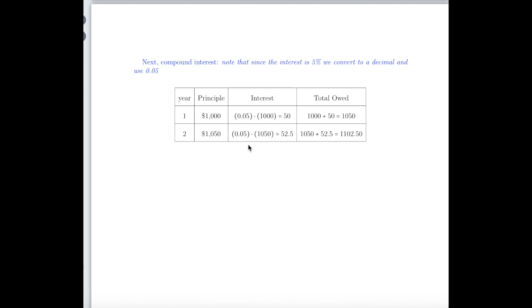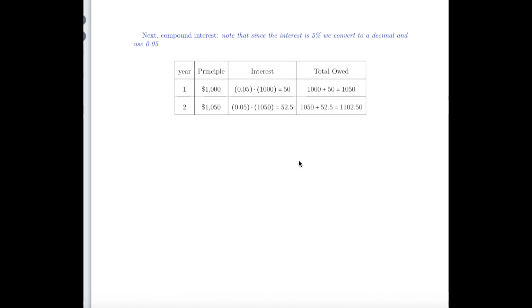So 0.05 multiplied by 1050 is 52.5, which gets us 1050 plus 52.5 for total owed, since we still have that 1050 from the previous year, and now we're adding on again this new interest. So now we have 1102.50.